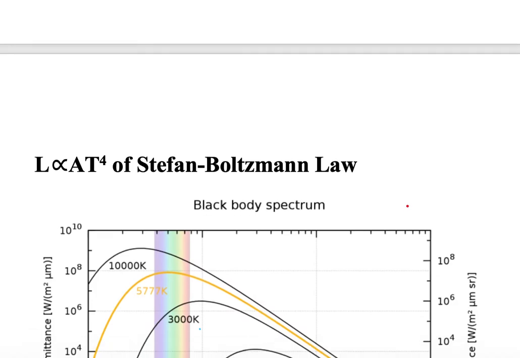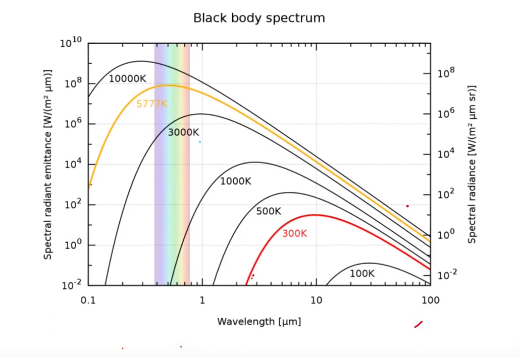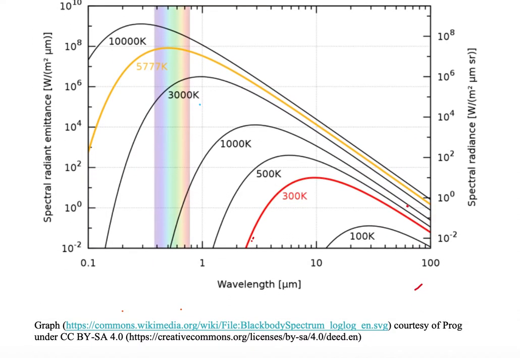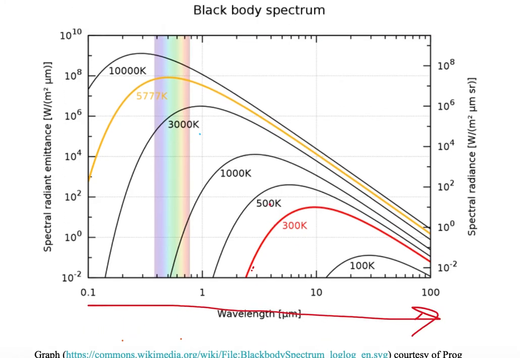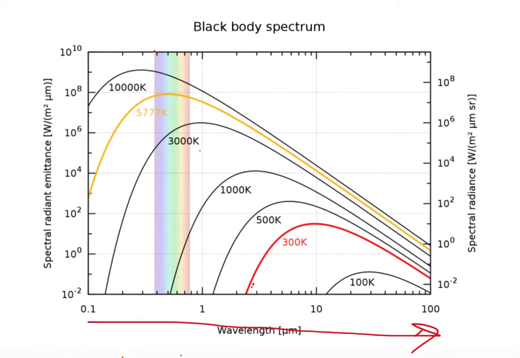Let's take a comparison of different stars at different wavelengths along with some planets. Once again, we are looking at wavelength increasing to the right. We have the same violet on the left and red on the right of the V band, so infrared is to the right and UV is to the left.